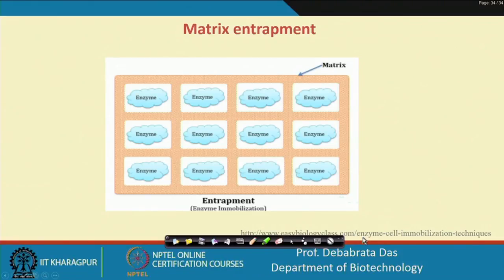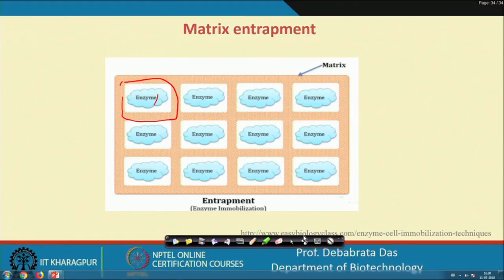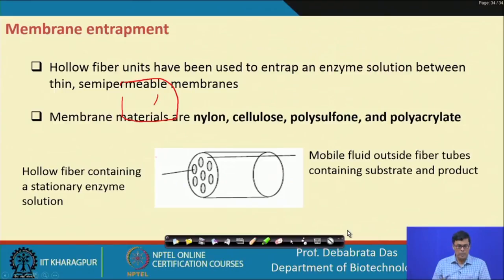Now, first is the entrapment. I told you how it is. This is just entrapped inside this. This is the gel. Inside the gel, the enzymes are entrapped. Then we have membrane entrapment, the hollow fiber, where inside the fiber the enzymes are entrapped.